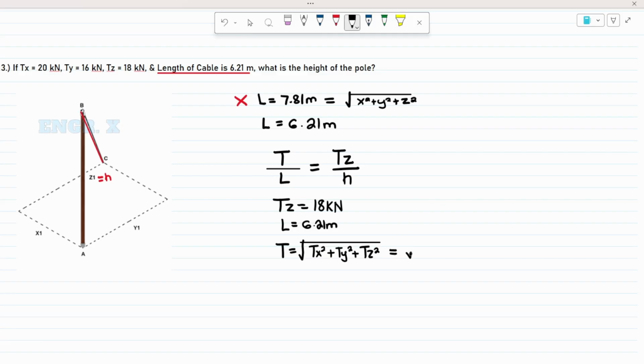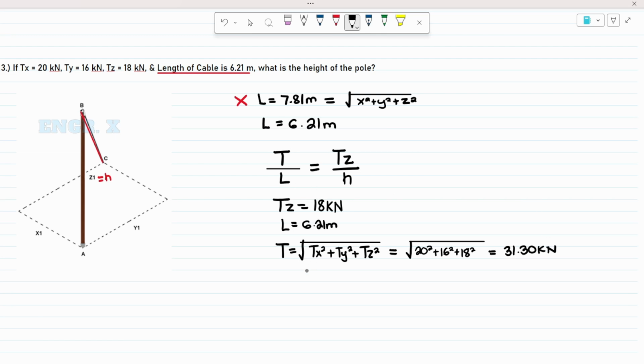So this is 20 squared plus 16 squared plus 18 squared. The value of this is 31.3 kilonewtons.